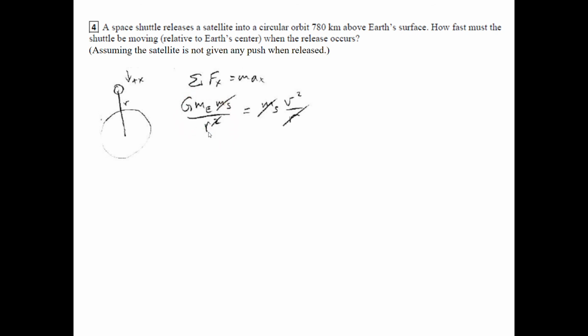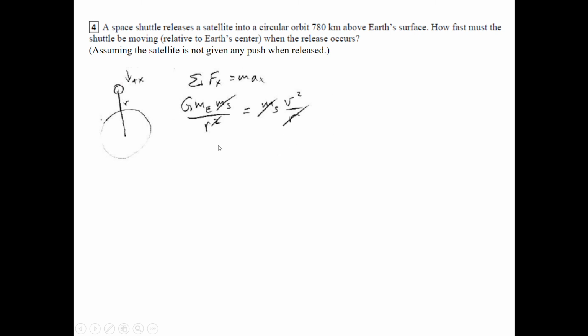It's along the direction of plus x. So G times mass of Earth times the mass of the satellite divided by the radius of the orbit squared, where the radius is the radius of the circle that it's on, not this 780 kilometers. And that's equal to max, the mass of the satellite, times v squared over r.